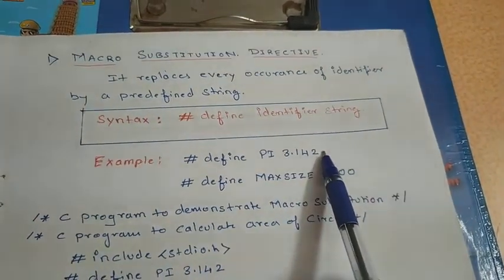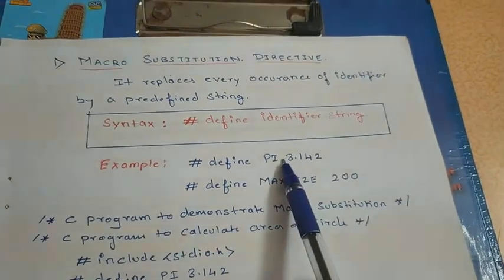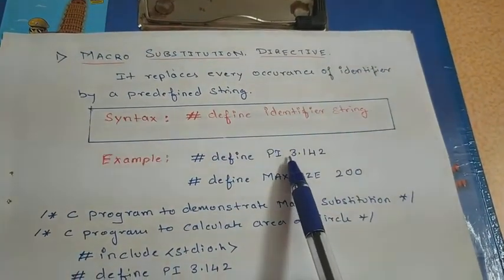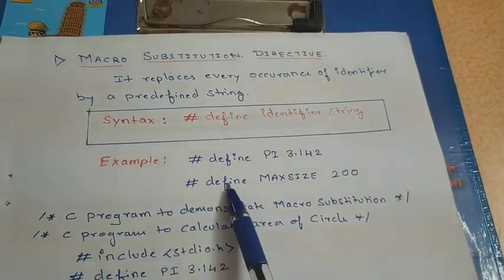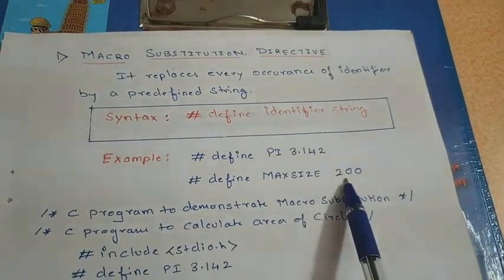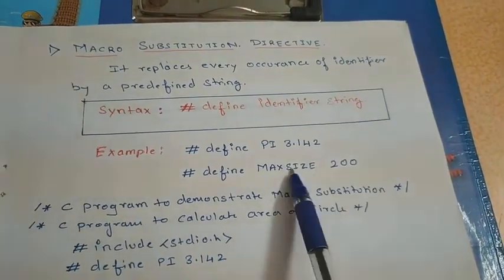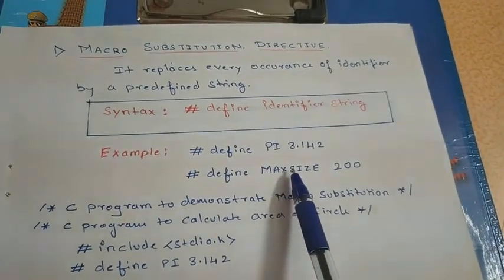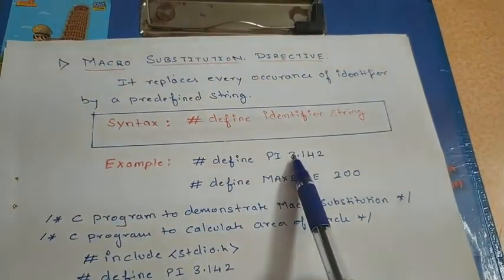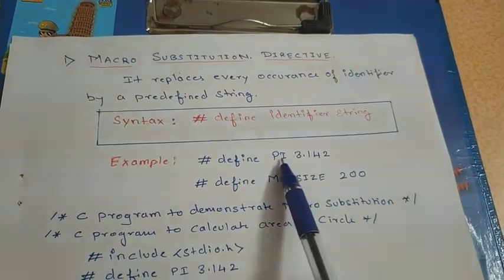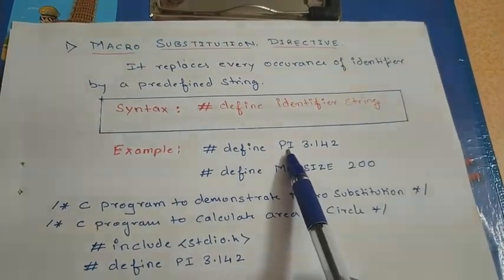Remember, there is no semicolon here, and we are not using the equal to symbol either. Hash define MAX_SIZE 200: the value 200 is assigned to the identifier MAX_SIZE. The value 3.142 is assigned to the identifier PI here.